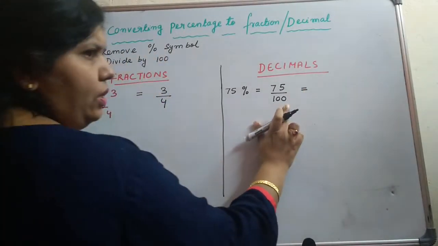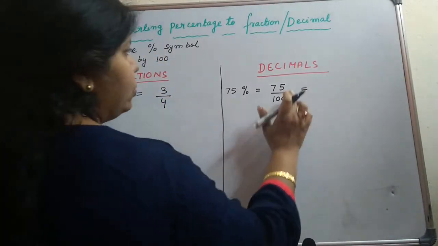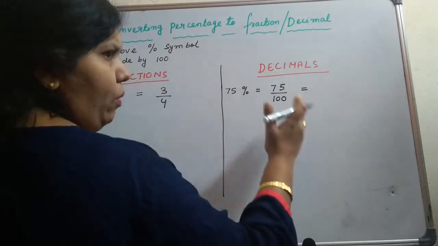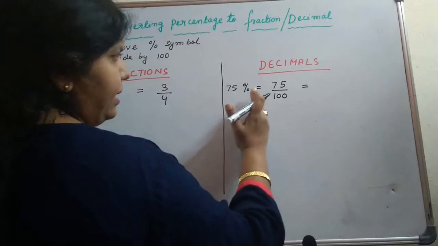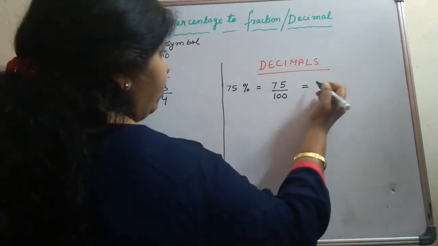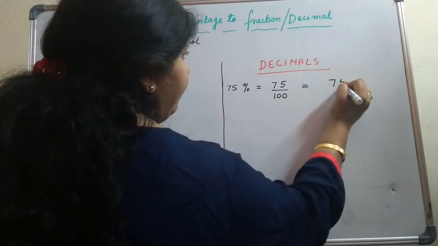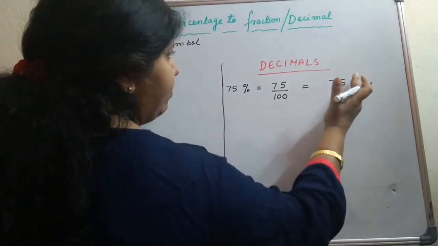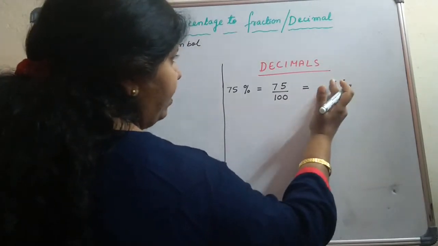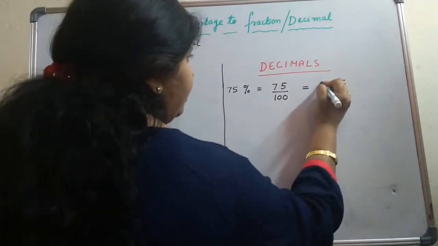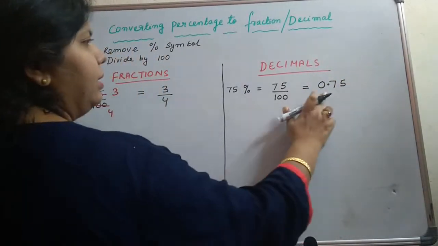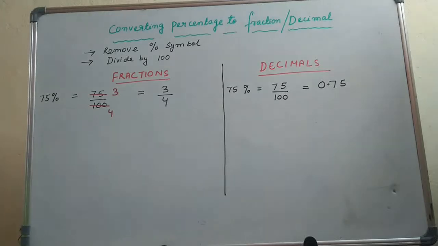Here the number of zeros in 100 is 2. So we have to put a point by counting 2 digits from the right hand side. So we write 75 here, from the right hand side we count 2 digits, 5, 7, 2 digits over, and then we place the point here. So your answer is 0.75.